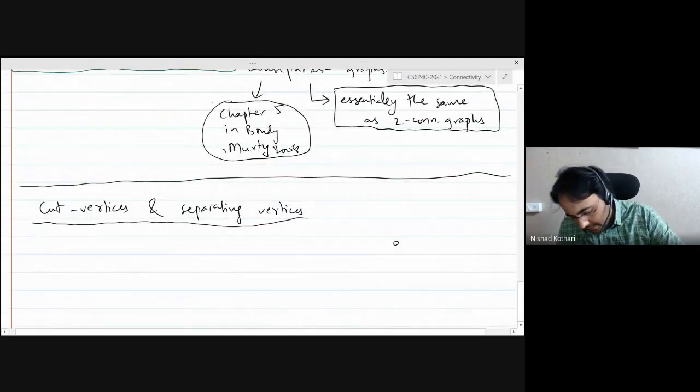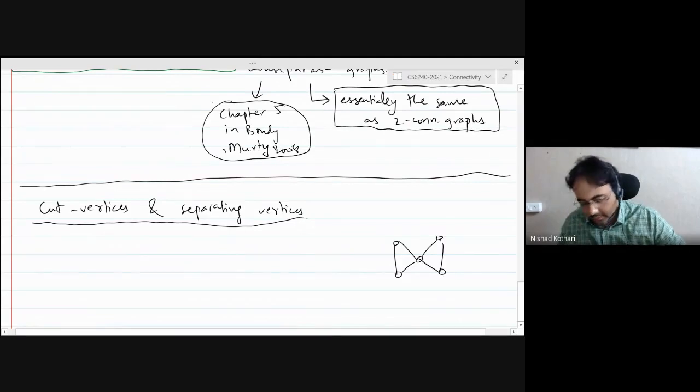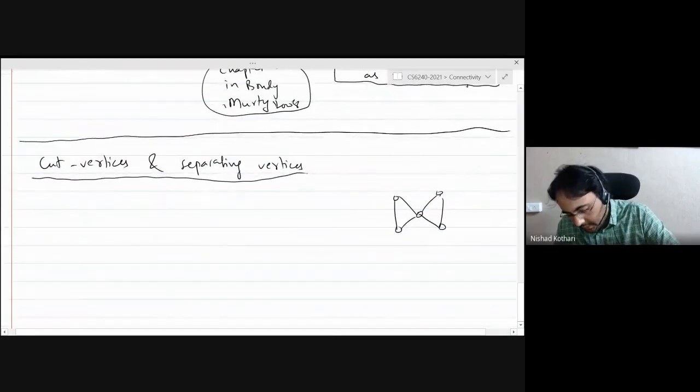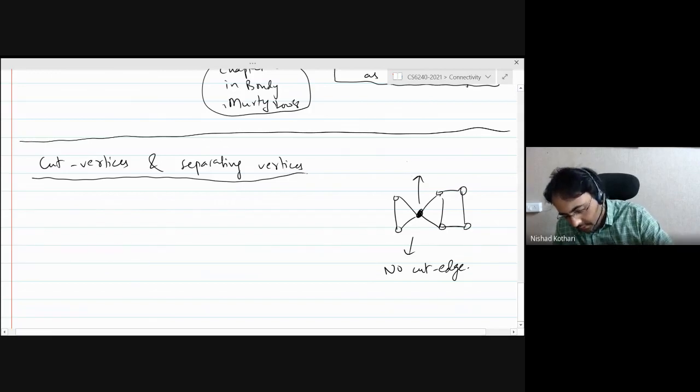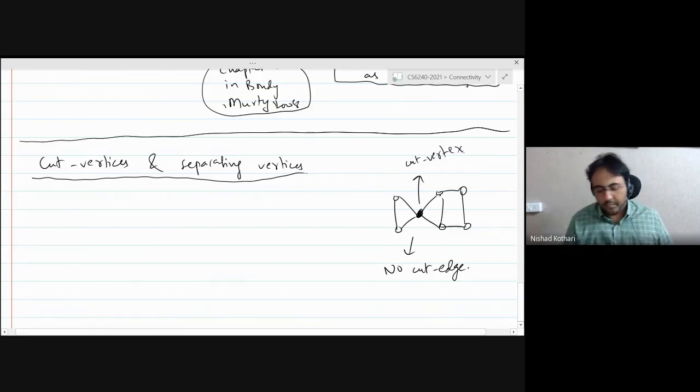So let's take an example. This graph has no cut edge. However, there is a vertex, and if you remove this vertex, the number of components increases. So this is a cut vertex, right?